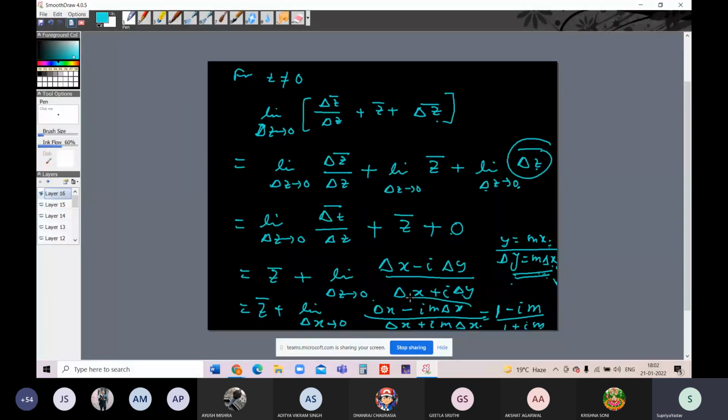So obviously the limit does not exist, which means that the function f(z) is equal to mod of z square is not differentiable anywhere, because यहाँ पे जो z था it is any point other than 0. So for z not equal to 0, the function is not differentiable. It means that we can say that the function f(z) is equal to mod of z square is differentiable only at one point, and that point is origin.